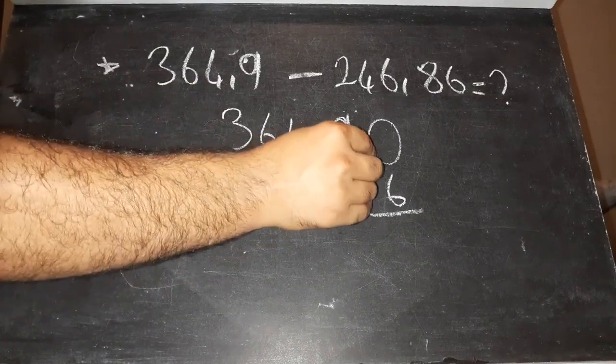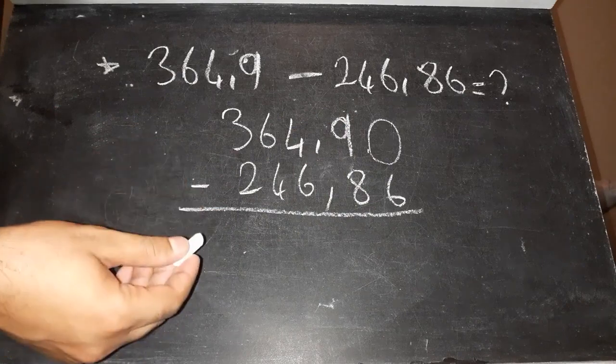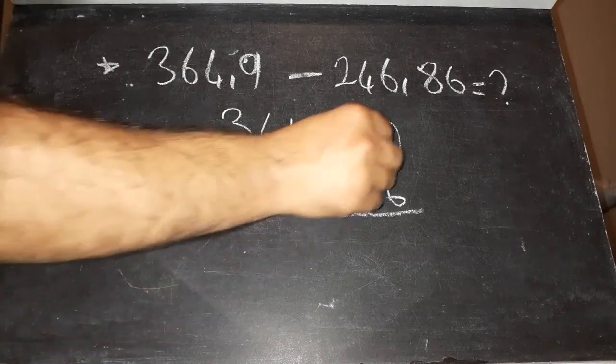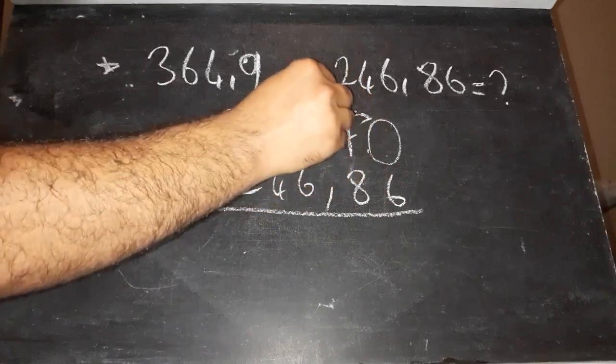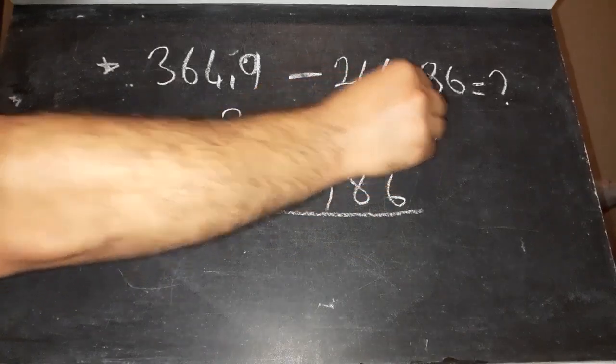So now I put the 0. After that I will do my normal subtraction. 0 minus 6, no, borrow, will be 8, will be 10.